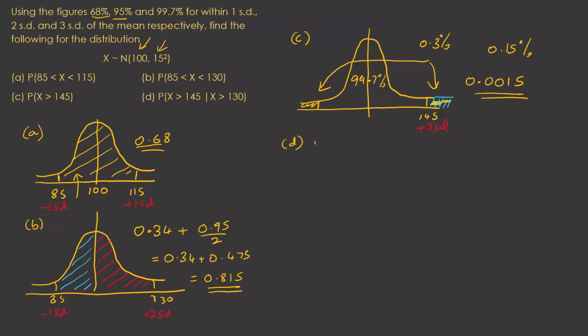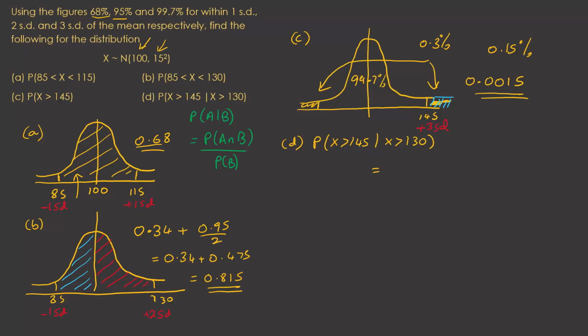Finally, we want the probability that x is greater than 145, given that x is greater than 130. Now that's a conditional probability. Probability of A given B is equal to the probability of A and B divided by the probability of B. So, in other words, we want both conditions applying.